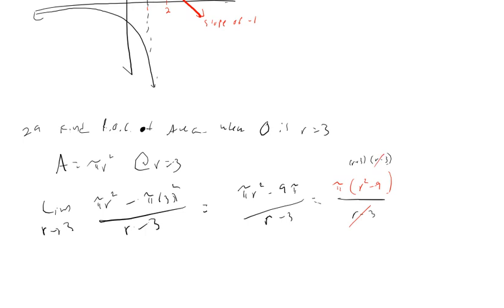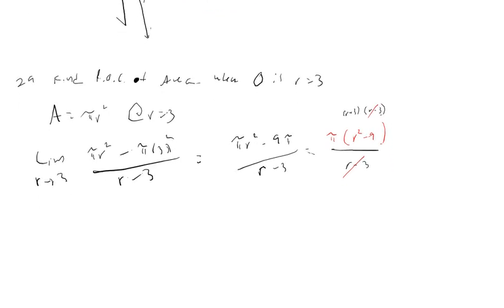So we're going to get pi times r plus 3 on the top, and we're going to get the limit. The limit as r approaches 3 of that equation is pi times 3 plus 3, which is 6 pi.